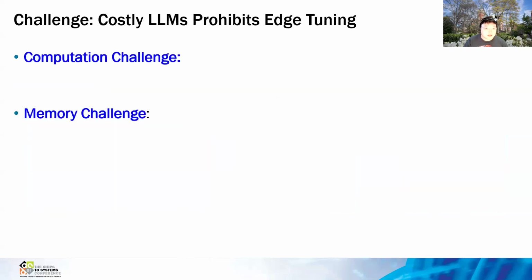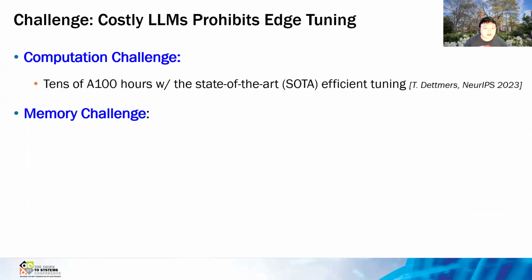However, the large size of large language models actually prohibits edge tuning, and the challenge comes from two perspectives, computation and memory. For computation, even the state-of-the-art efficient tuning techniques require tens of A100 GPU hours to fully tune a small-scale LLM.